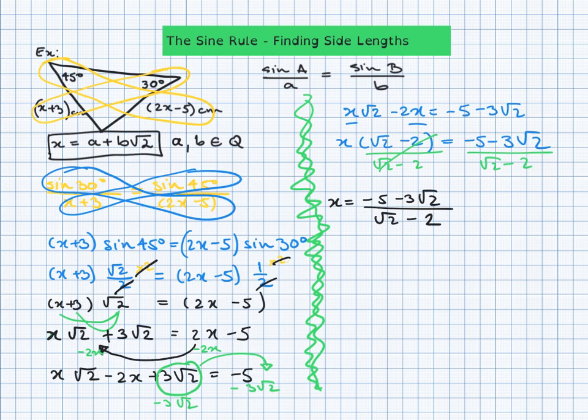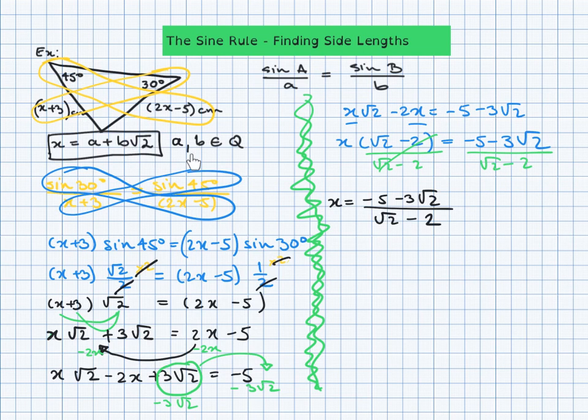Now, you may say, okay, I'm happy with this answer, which is fine. You can plug it into a calculator and it will give you a more simplified version. But the question said to give the answer in this form: x is equal to a plus b times √2. And we don't have that. We have more than that.